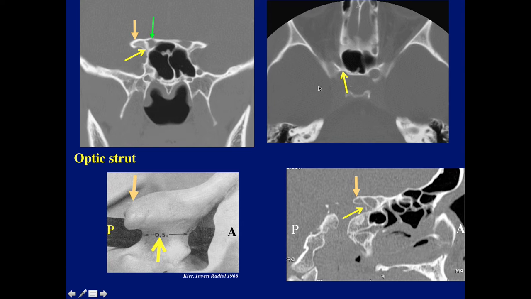We can identify the optic strut, which is a very tiny bony structure, on the axial plane, just inferior to the optic canal, and also on the coronal plane between the optic canal and the superior orbital fissure. Above it is the anterior clinoid, and on the sagittal plane, this is a specimen showing the optic strut below the anterior clinoid, and here it is on a sagittal CT.